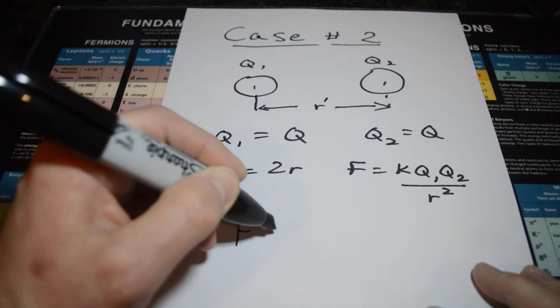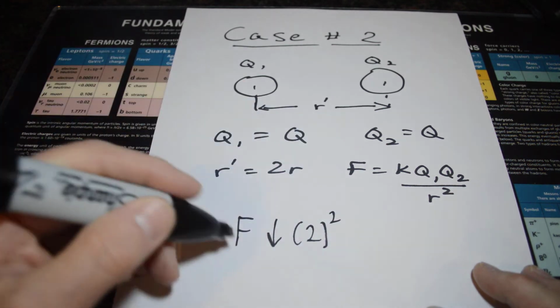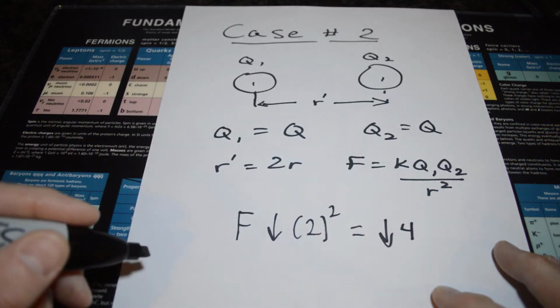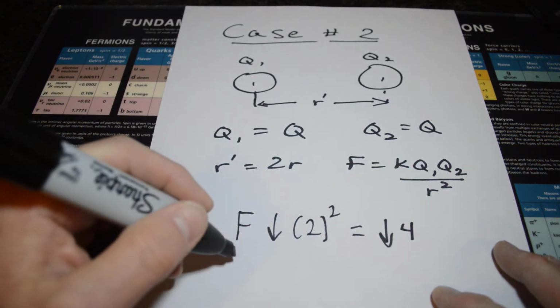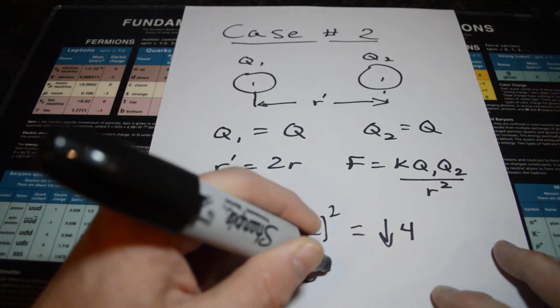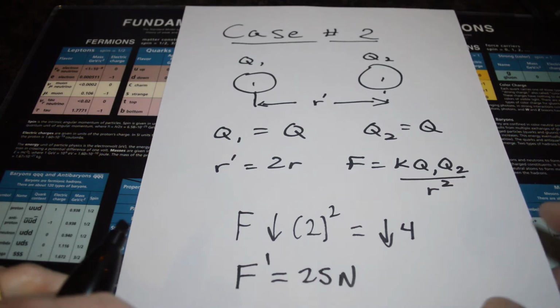So I think you should go down by 2 squared. So now it's going to go down by a factor of 4. So if you have a force of 100 newtons, you divide by 4, your new force should be 25 newtons. I think the answer to case 2, 25 newtons.